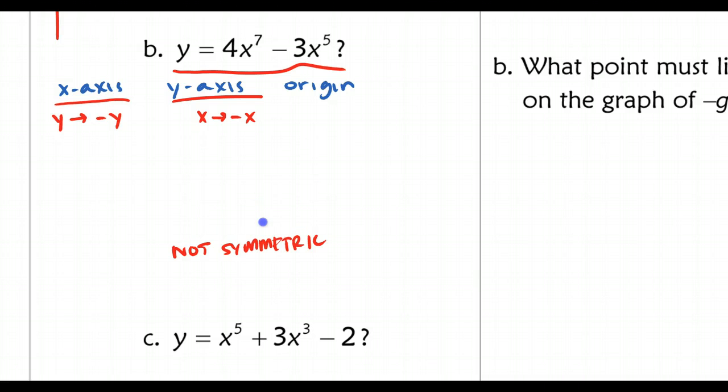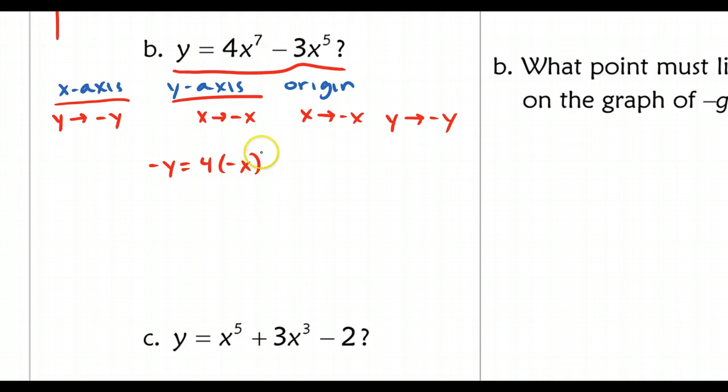Okay, now our last test is for the origin. So for the origin, I want to change x to negative x and y to negative y. So I replace both of those in the original equation and solve again for y to see what I get. So I now have negative y equals 4 times negative x to the 7th minus 3 times negative x to the 5th.